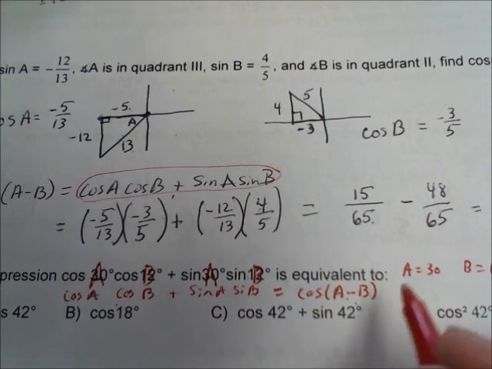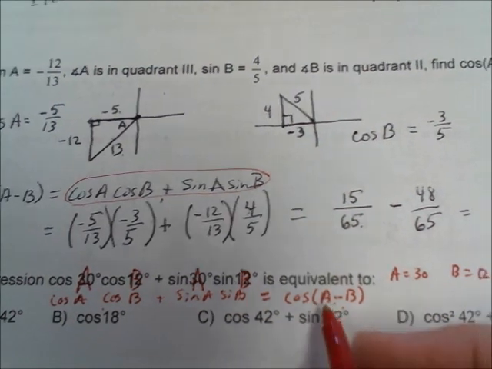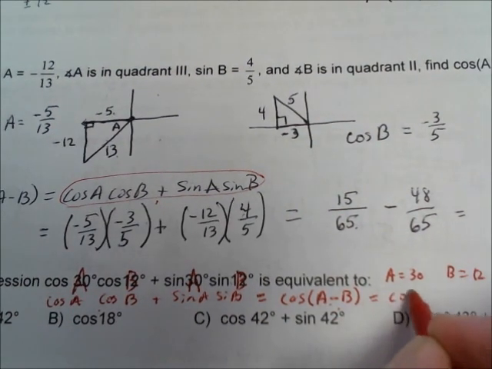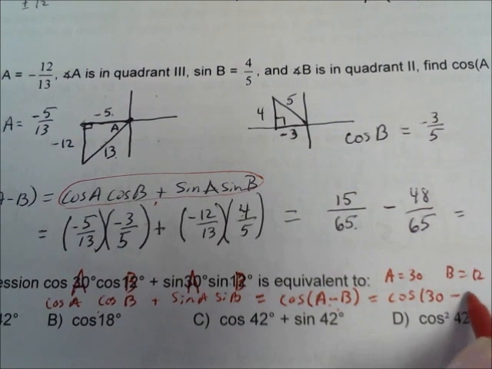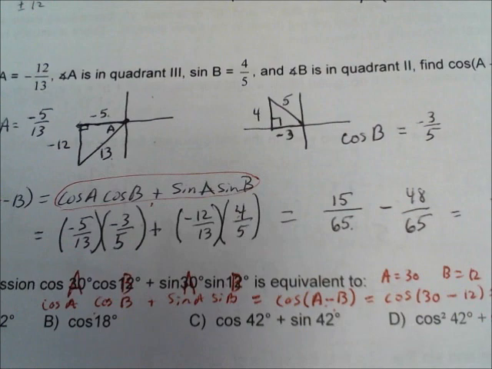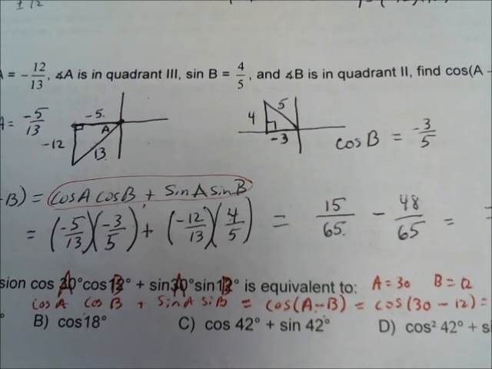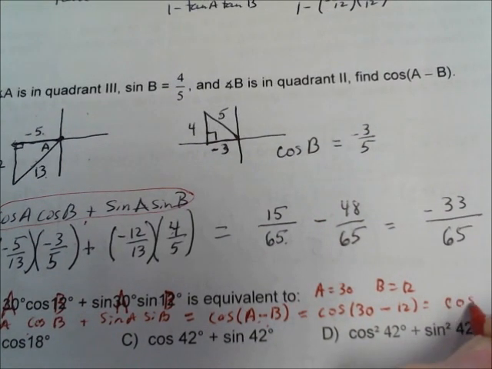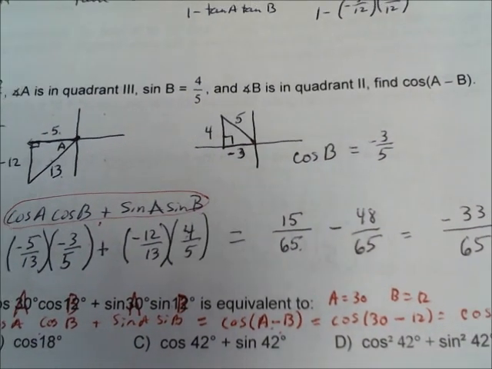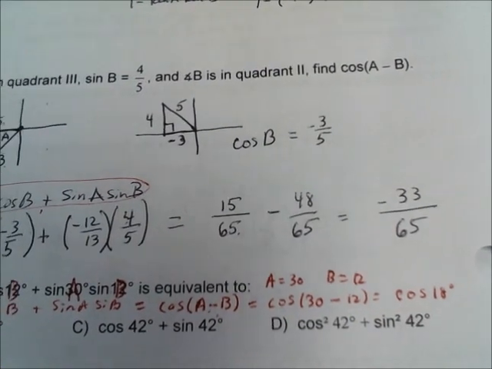And so now all we have to do is fill in A equals 30. So we have the cosine of 30 minus 12. And 30 minus 12 is equal to 18. So this is actually the same thing as the cosine of 18 degrees.